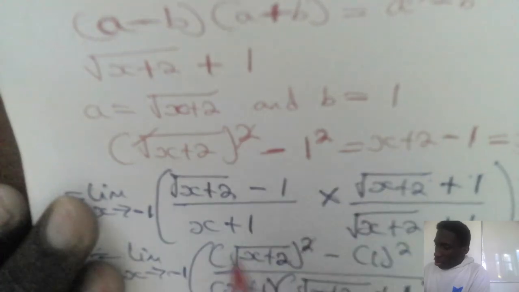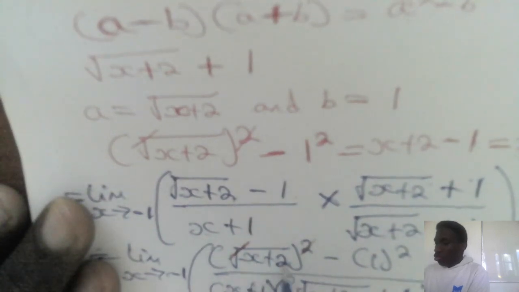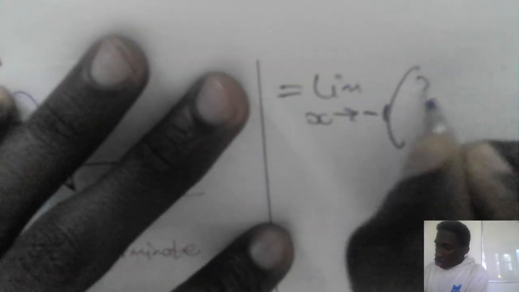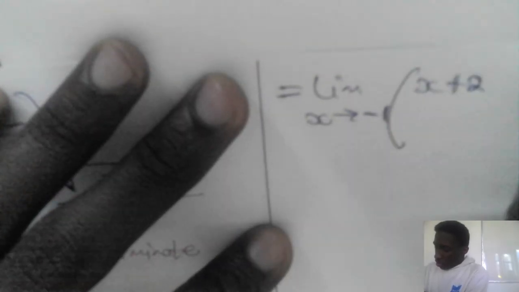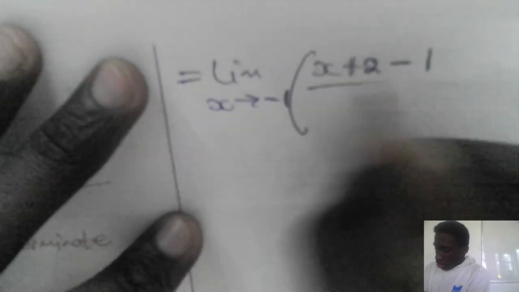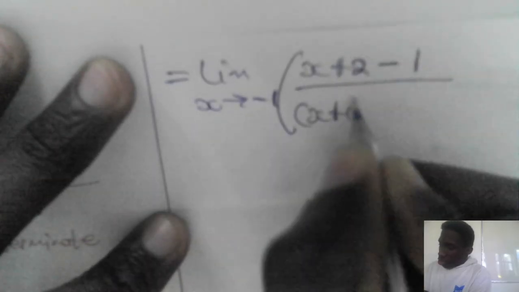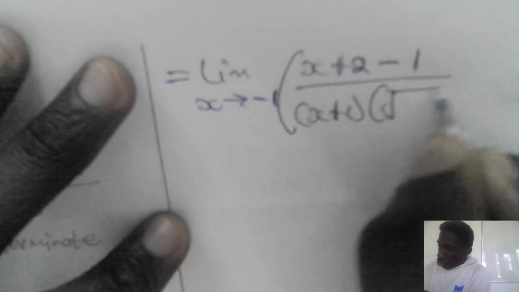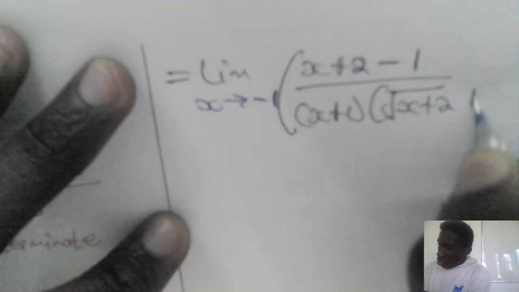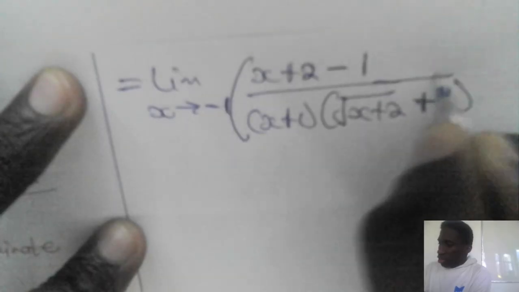So essentially the square here knocking off the square root, you just have x plus 2 then minus 1. So we have x plus 2 there, then minus 1, divided by, and in the denominator we still have our x plus 1 multiplied by square root of x plus 2 plus 1. We're not touching it, we're still leaving that.